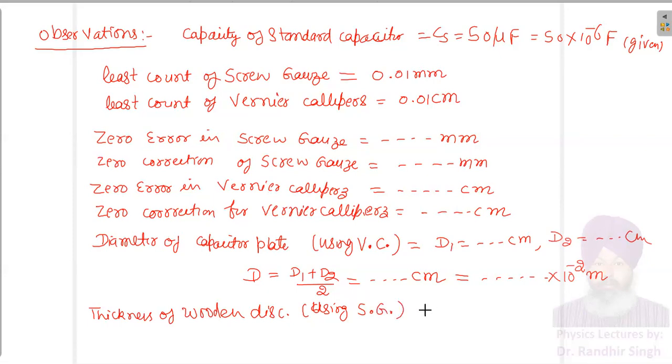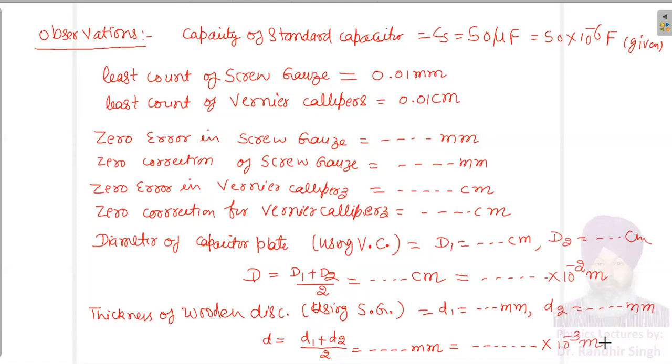And I will take its two values. Let us say D1 is in millimeter, D2 is again in millimeter, because the instrument that I will use will be giving me readings in millimeter, and mean value of thickness of the wooden disc will be D1 plus D2 upon 2. And this answer will again come in millimeter, but I have already warned you that we will be using every unit in SI system. So whatever this answer comes, I will multiply it by 10 raised to power minus 3 and the answer will be in meter.